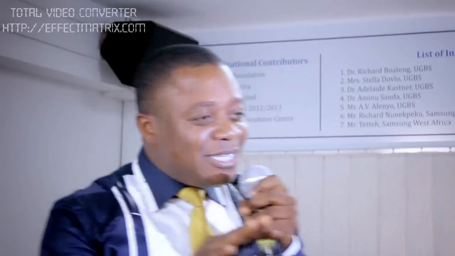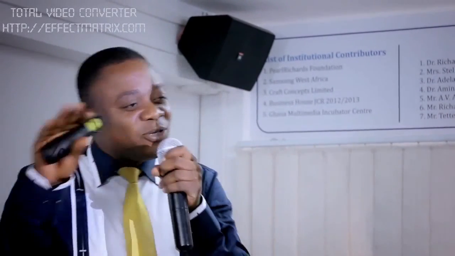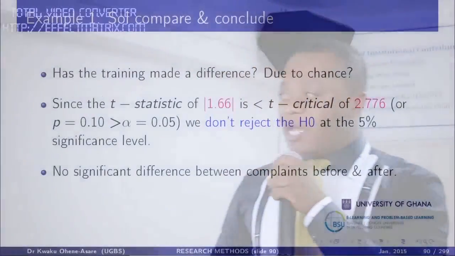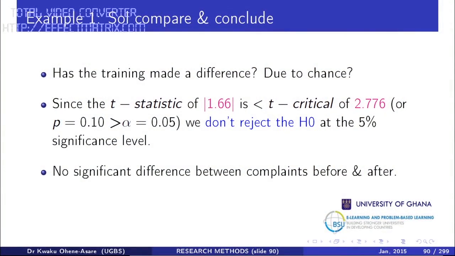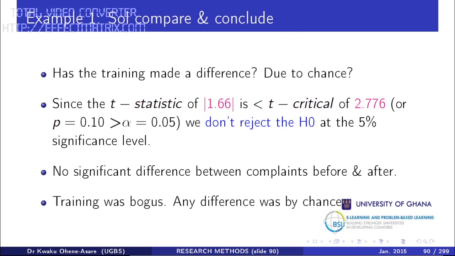So you're getting the whole essence of whether the difference is due to chance or not. Sometimes when you ask whether it's a difference due to chance, somebody says, hey, this difference thing again. But now you get the whole picture. No significant difference between the complaints before and after. So we go to the slide. The training we already said was bogus. If there was any difference at all, it was just by chance.